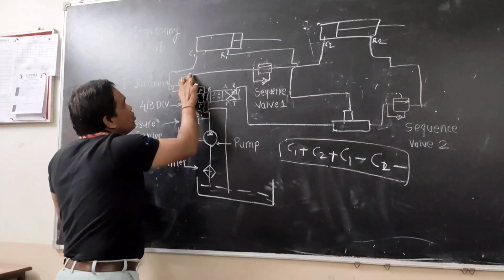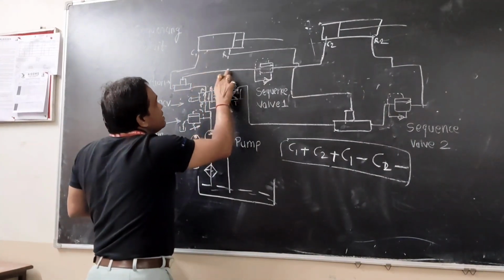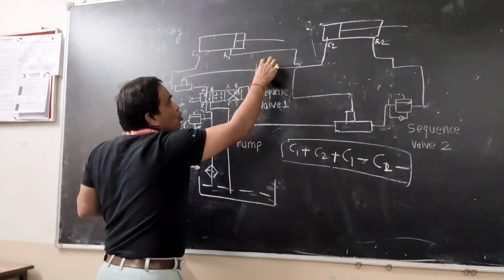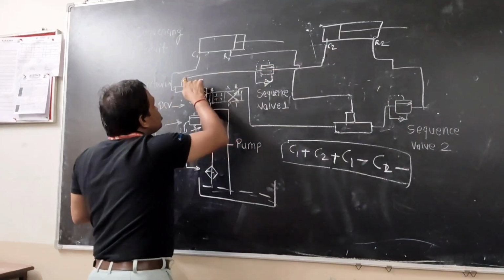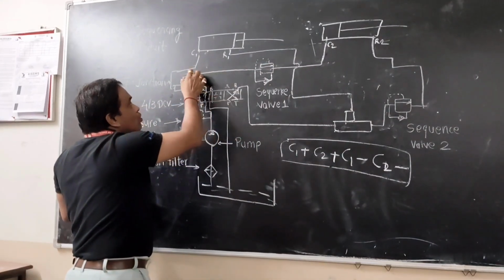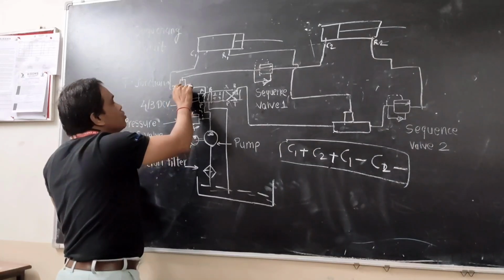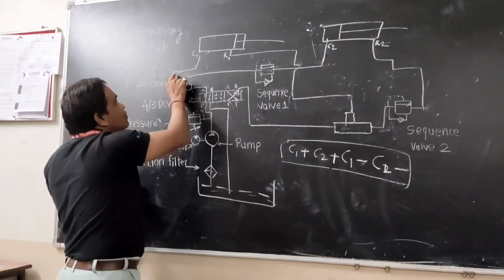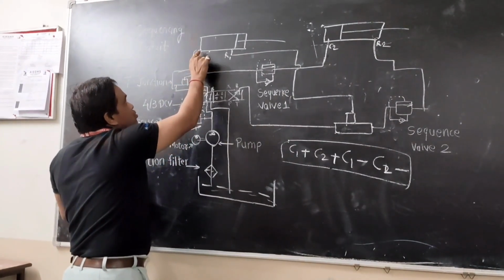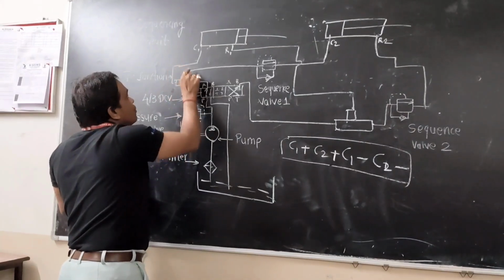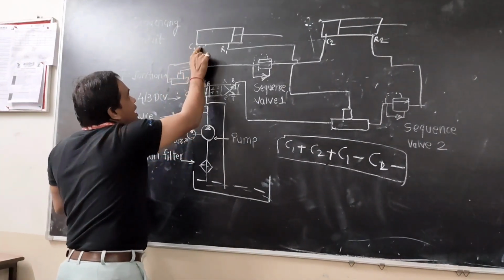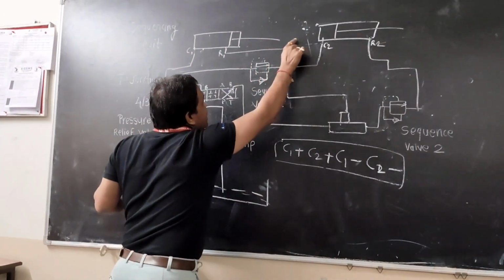The fluid will try to go here, but the system pressure is not enough to open the sequence valve. So the fluid will follow the path of minimum resistance, which is to this one, and it will extend the cylinder.